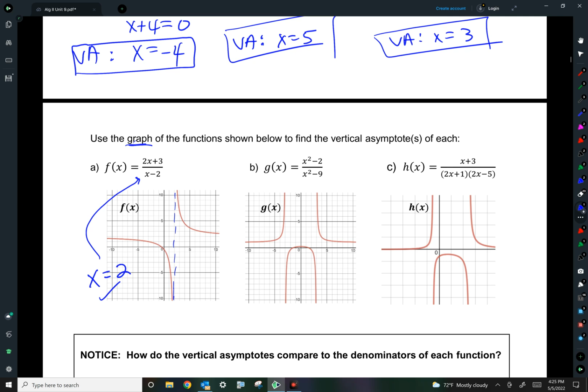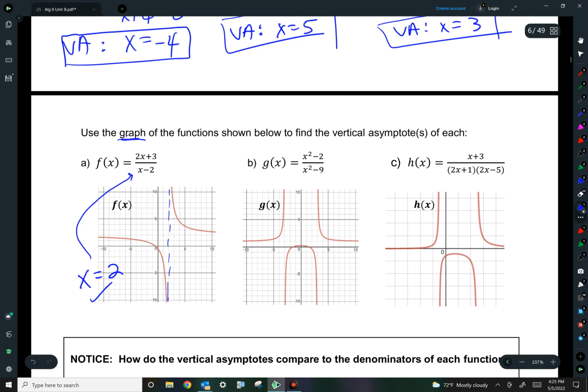Okay, look at the second one. I see 2 vertical asymptotes. It looks like there's one right along here, and there's another one right along here. Can you see that? So I think the one on the left here is 1, 2, 3. X equals negative 3.